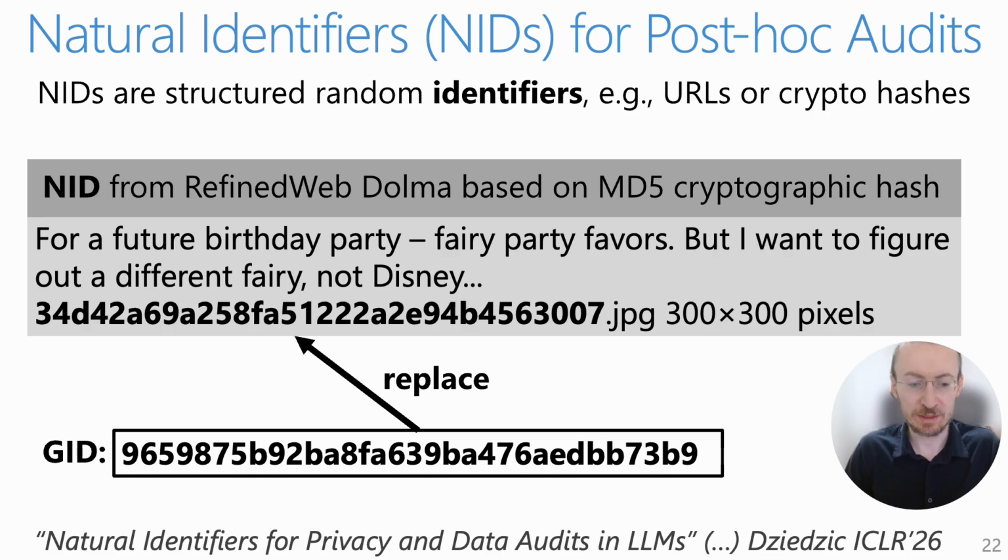GID is a generated identifier. It's just a way to generate and not just take an identifier from the text. So in this case, we just generate a new MD5 cryptographic hash and replace the previous natural identifier that was in this text with the new one.